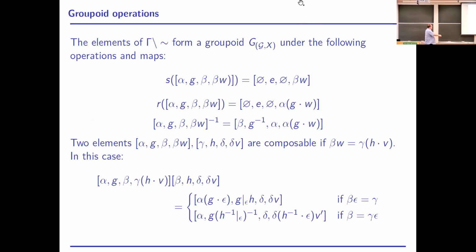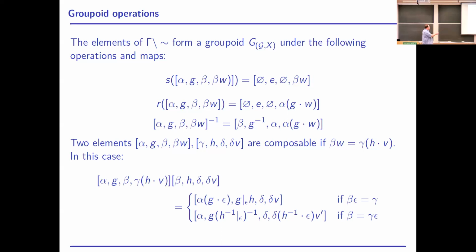So the units are just the identity, empty prefixes, and just some infinite word. So the source is just beta W, the range alpha of G dot W, and the inverse just reverses the map along with inverting the group element, and just the reverse of this action. That gives you the range as your infinite word you're mapping through.